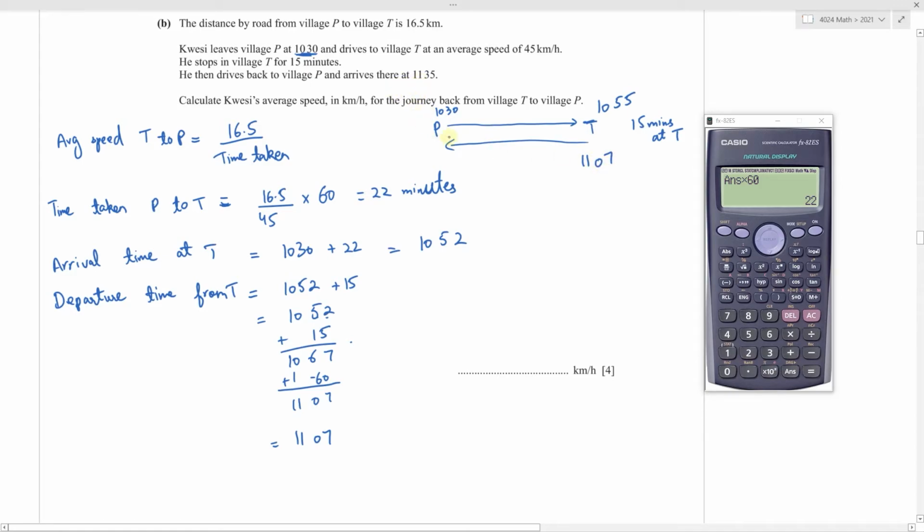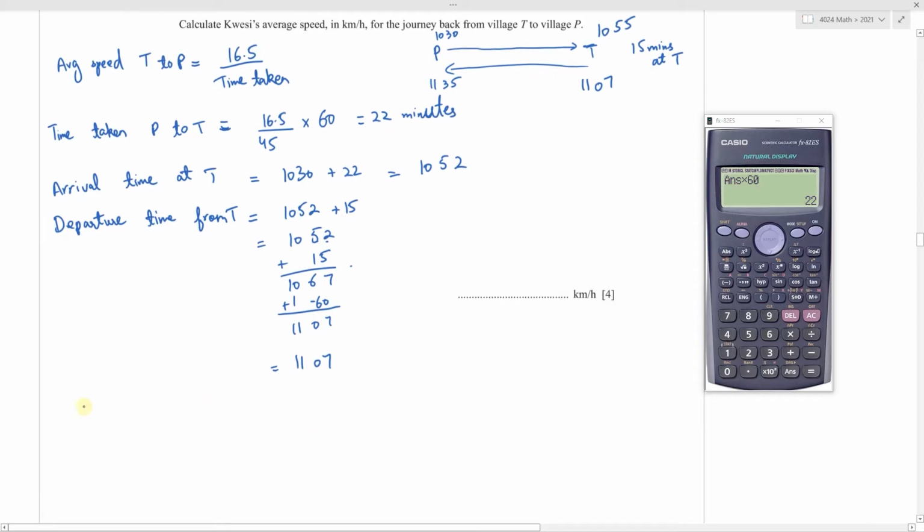Arrival time is 11:35 here at P. So what is the time taken for this journey? The time taken from T to P will be the arrival time at P, 11:35, minus 11:07, which was the departure time from T. Let's do the subtraction here.